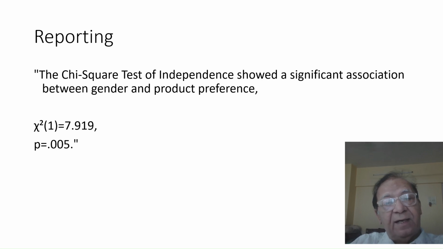See, when we took the equal frequencies, there was no association. But when we took the pro-rata frequencies, that is row total into column total divided by grand total, it came out to be statistically significant.